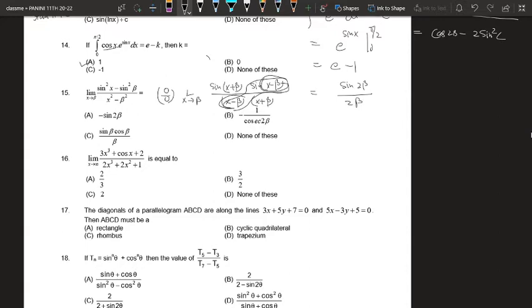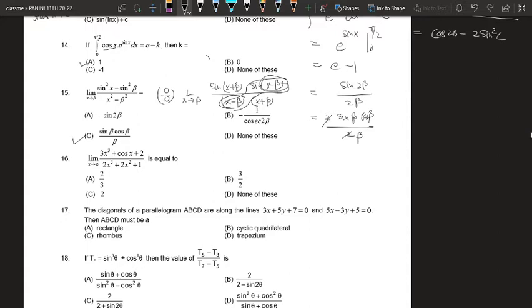Sine 2 beta is equal to 2 sine beta cos beta, divided by 2 beta. The answer is sine beta cos beta by beta. So C should be the answer: sine beta cos beta divided by beta.